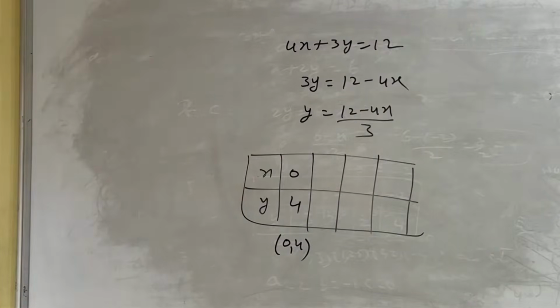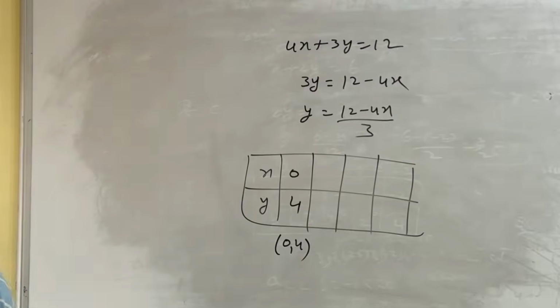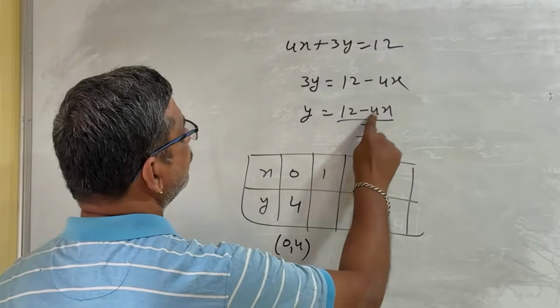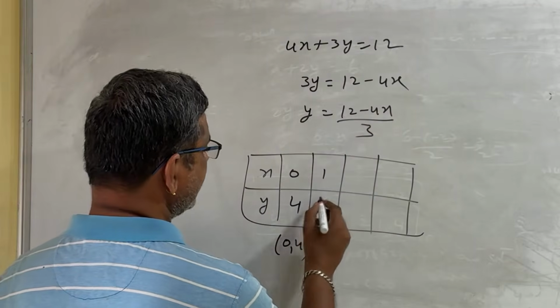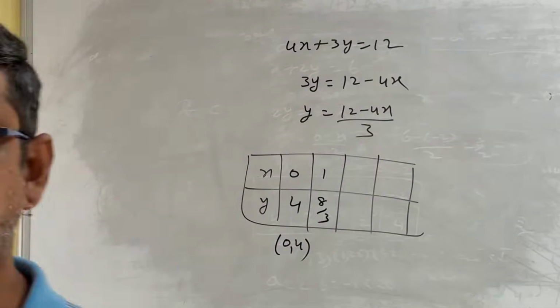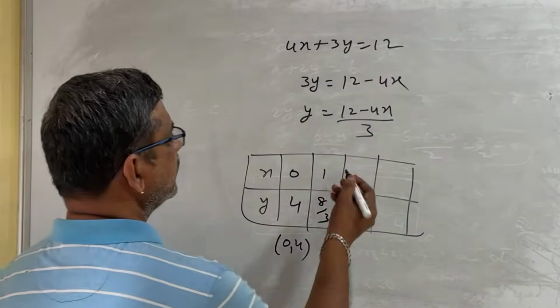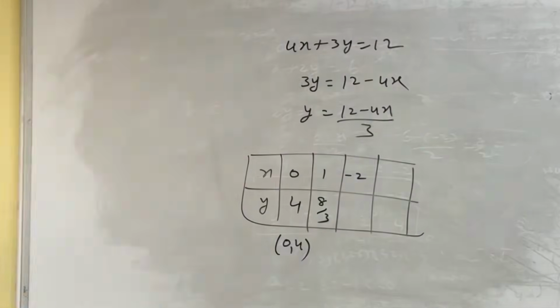Okay na? Now tell me the second one. Anyone? x is 1, right. 4 ones are 4. 12 minus 4, 8. 8 by 3, another solution. Next. Keep x as negative 2, for example.